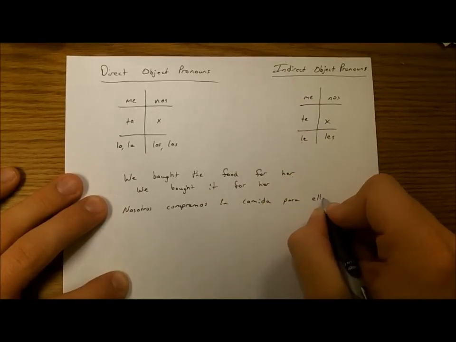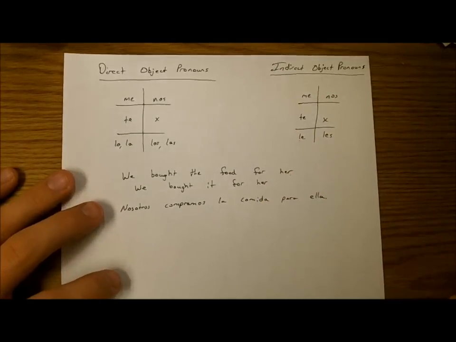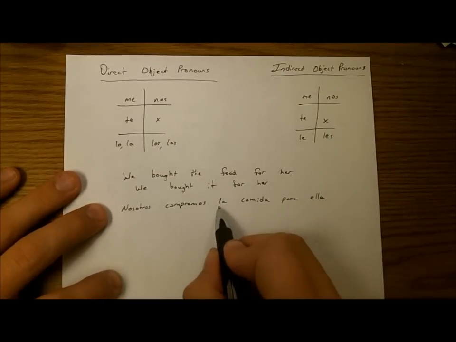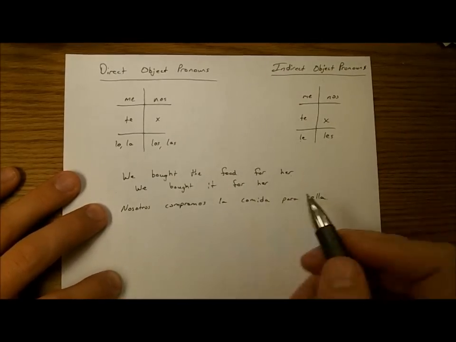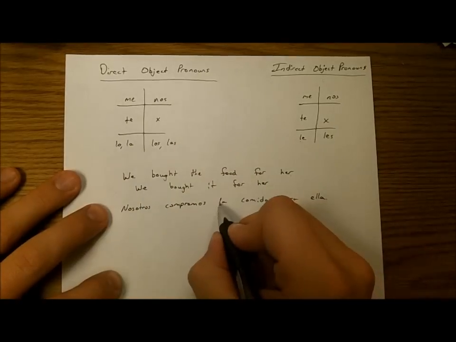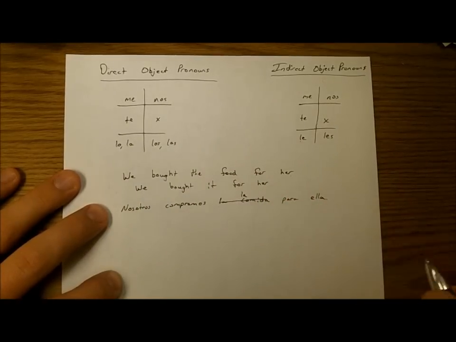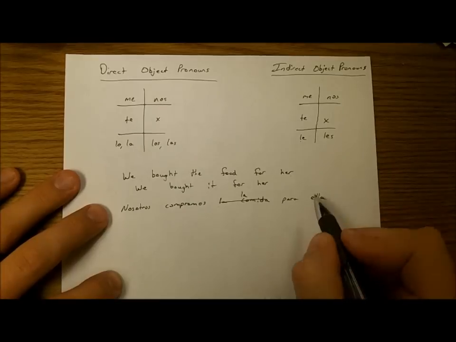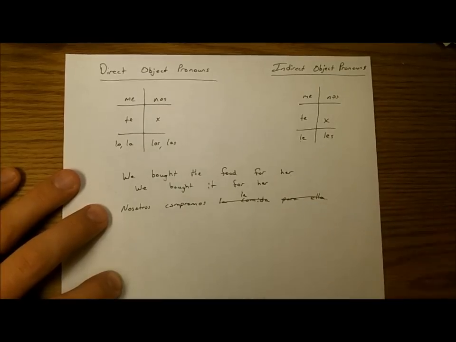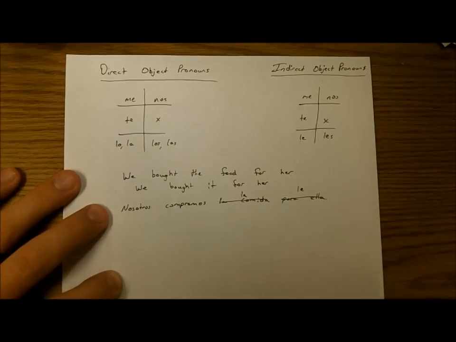para ella. So we had talked about with direct objects, we can get rid of this la comida because it's singular and feminine and change it to la. And then with the indirect object, we had talked about we can get rid of this para ella and replace it with le. So here's when that rule comes back into play.